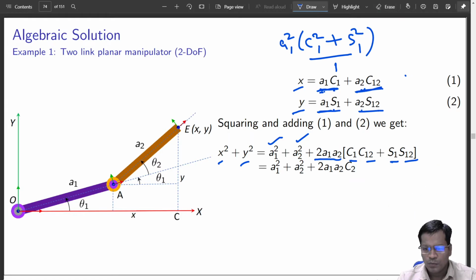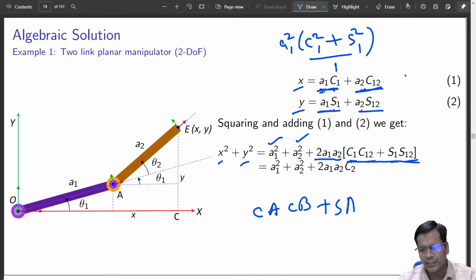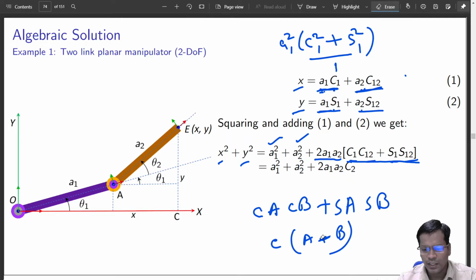Moving ahead, let us see what this second term can be written as. It is cos A cos B plus sin A sin B. So it is cos of A minus B, or B minus A, both are equally good, because cos of minus theta is equal to cos theta.